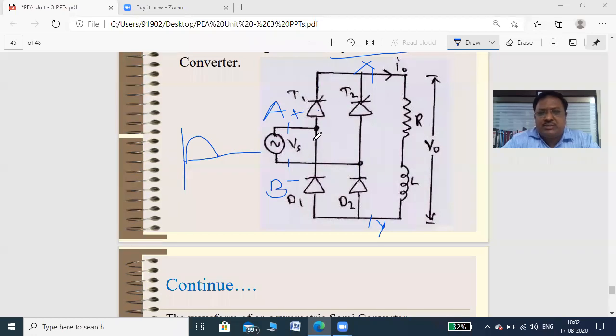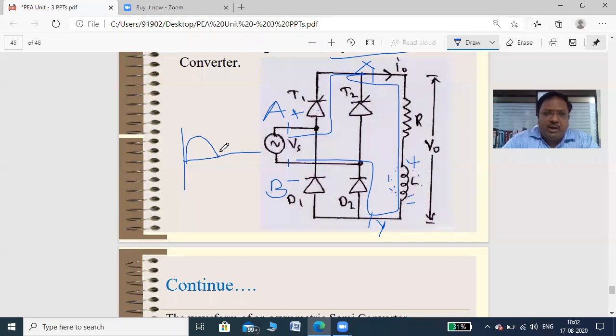As soon as the trigger pulse is applied, the current starts to flow from Vs, A, thyristor T1, then X, then R, then L, then Y, D2, B back to the supply. The inductor immediately starts to store energy in its magnetic field with polarity upper positive and lower negative. Okay. So the inductor stores the energy.